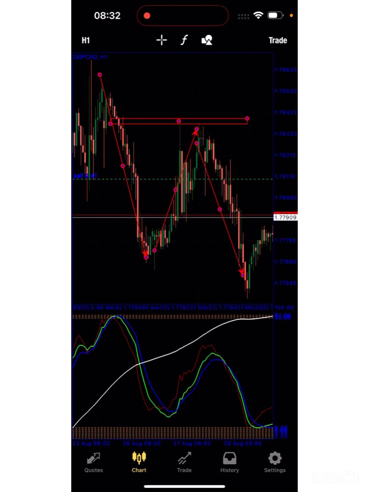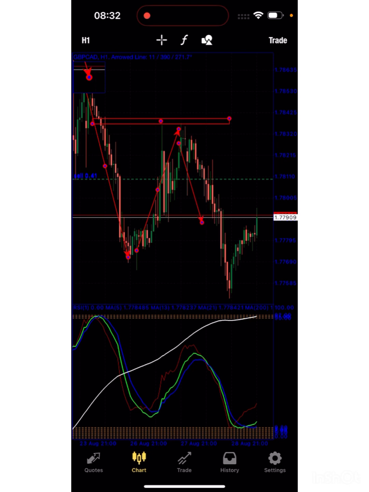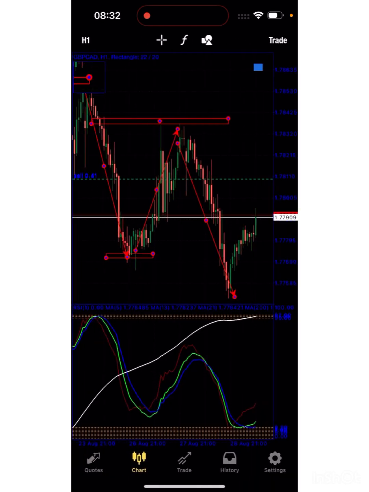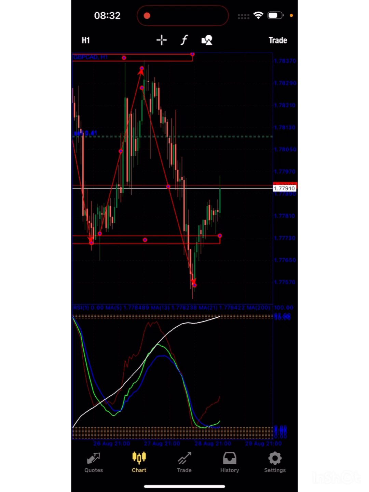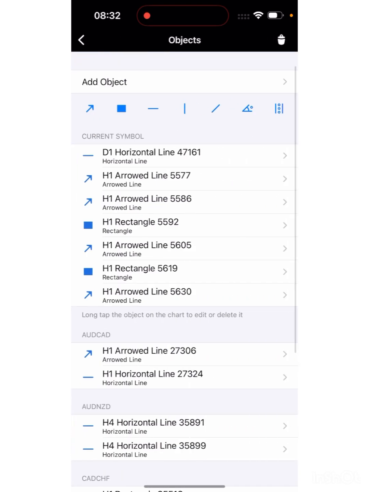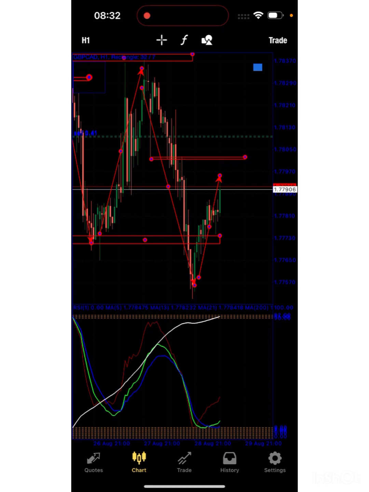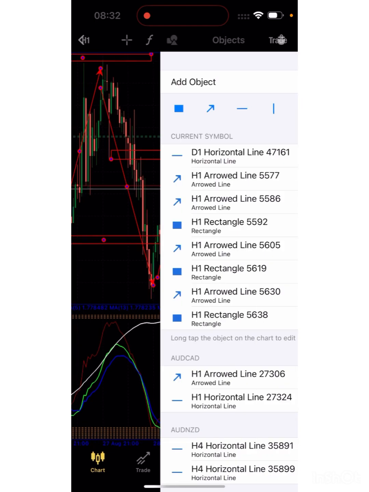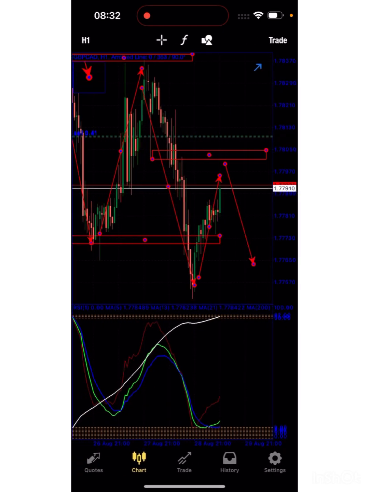After the drop, the market continued and broke this zone right here. Now the market has been around this area and we got a pullback, which means the market might come all the way to this point, and then after that it's going to give us some drop as well.